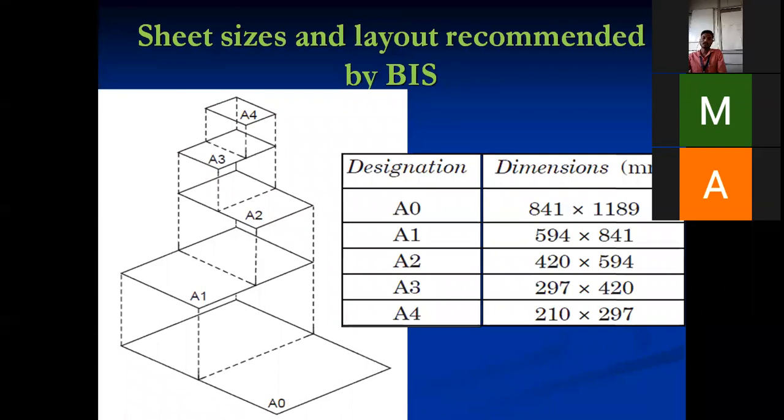Our basic or standard size. Which size do we have to remember? A4. What is its size? 210 into 297. Then which is the multiplication factor? So that we can remember the further sizes. Root 2, or 1.414 we can say. So we can multiply by it. So root 2 we will get the next in this way. We can remember this. So that we have seen.